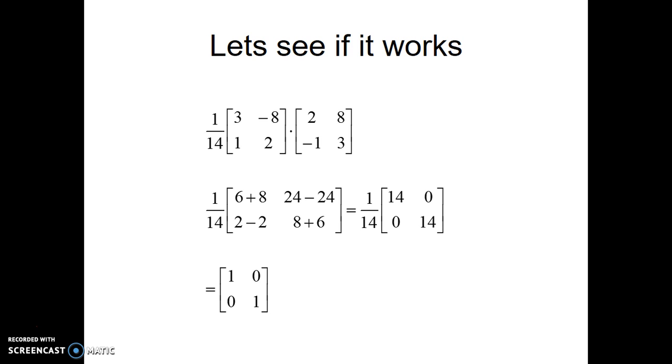Then we go on the same way as we've learned in past sections, and we get our new matrix down here of 14, 0, 0, and 14. Now, when we do scalar multiplication with the 1 over 14, we end up with 1, 0, 0, 1, which, if you recall from a couple slides back, is the identity matrix. So that means our inverse matrix of 1/14 times 3, -8, 1, and 2 is in fact an inverse.